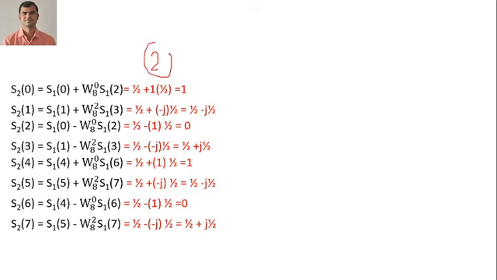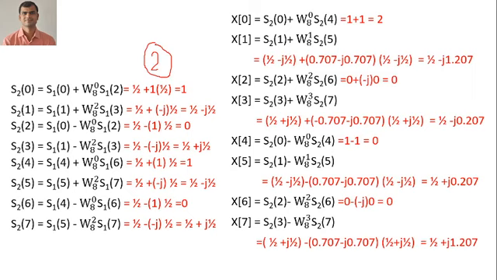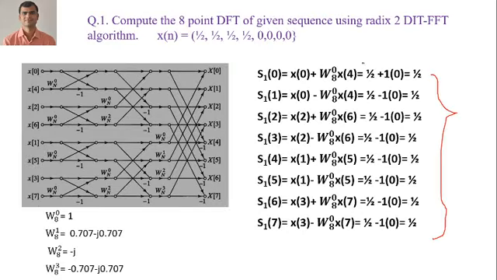Okay. Now after having the output of stage 2, we will have the last stage, that is stage 3. In stage 3 we will be getting the discrete frequency sequence. So x of 0 is equal to S2 of 0 plus W80 S2 of 4, as you can see here. Then x of 1 is the addition of S2 of 1 plus W81 S2 of 5.